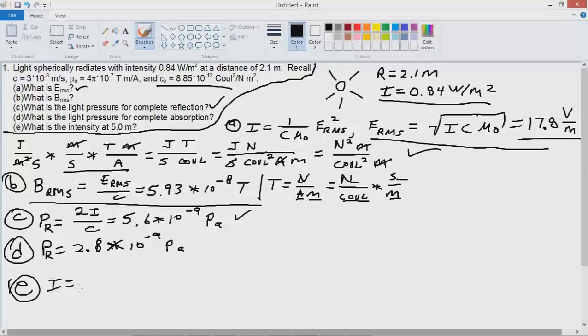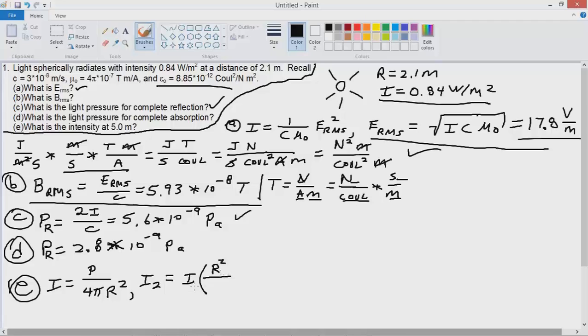Intensity is going to equal the power over 4 pi r squared. So the intensity at R2, intensity 2, is going to equal intensity 1 times R1 squared over R2 squared.